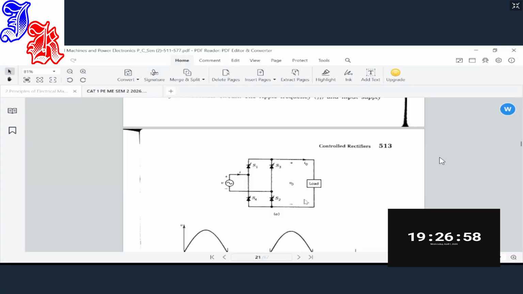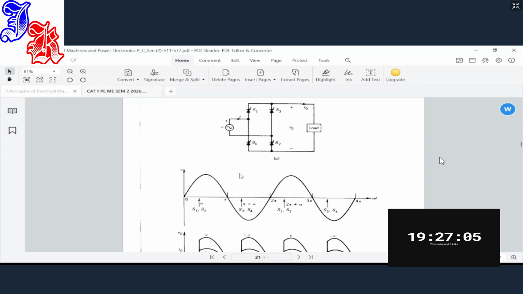You will get to see that thyristors S1 and S2 are forward biased to the positive cycle. So they allow the positive cycle to pass through, and they block the negative cycle.